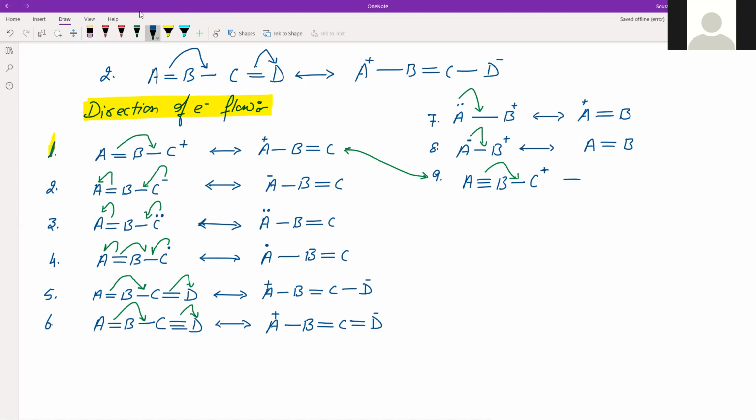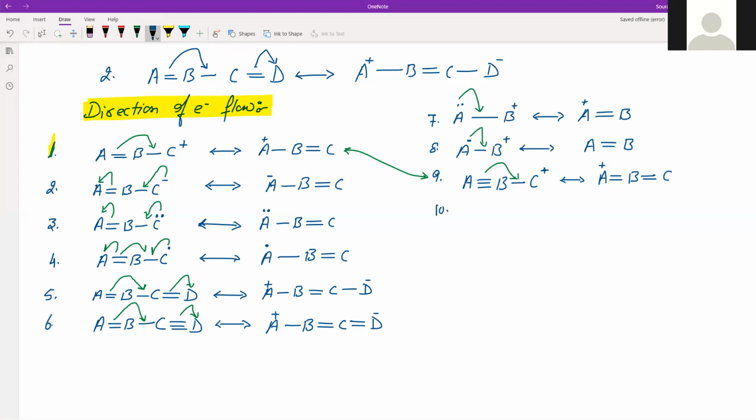And here it changed from double bond to single bond, here it will change from triple bond to double bond, right? And because A has lost the pi electrons, A will gain the positive charge, right? So like that, we can write for others as well.